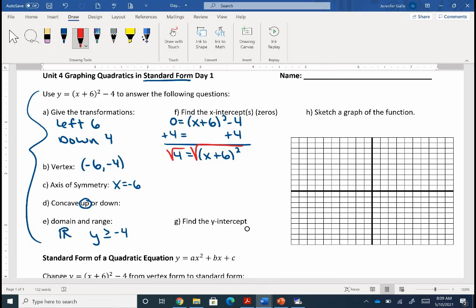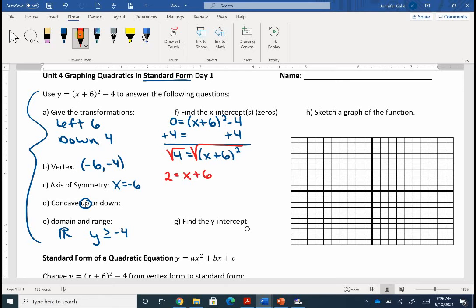The square root of 9 is 3, not 4 and a half. The square root of 16 is 4, not 8. So square root's not dividing by 2. It's asking you what number squared gives me that value. And in this case, it does happen to be 2. But that's because 2 squared is 4, not because it's 4 divided by 2. Just be careful on that.